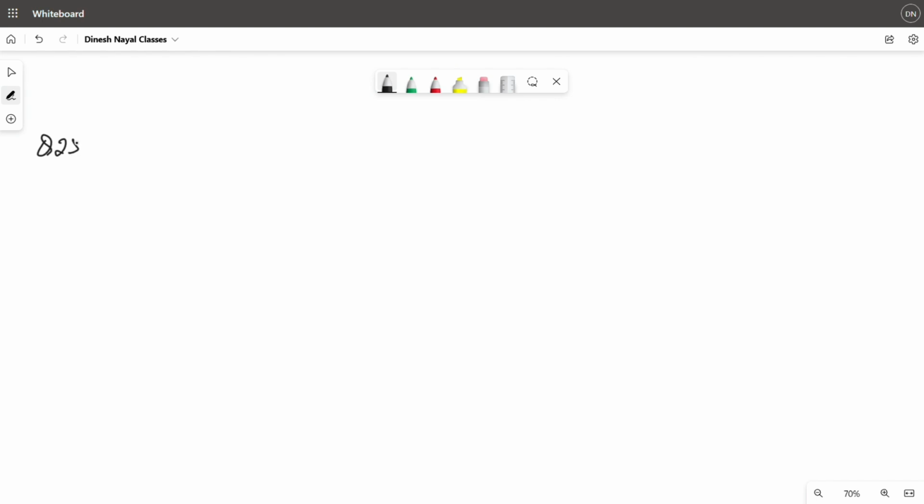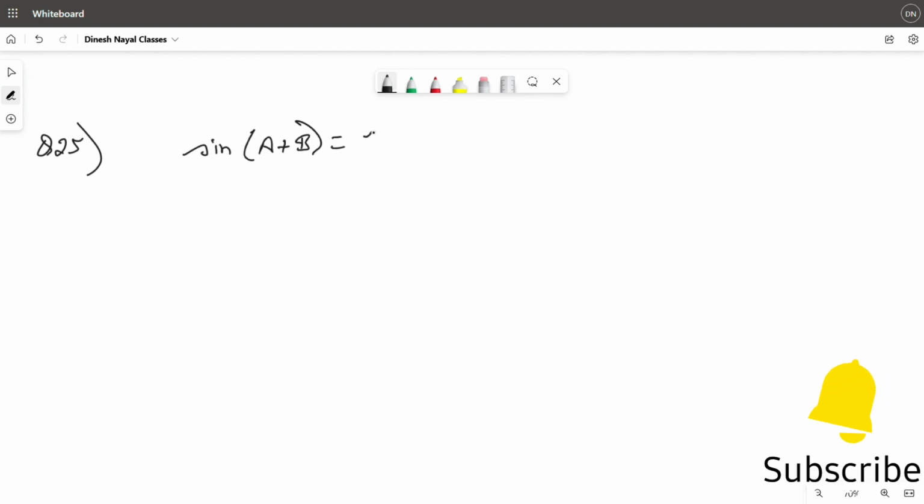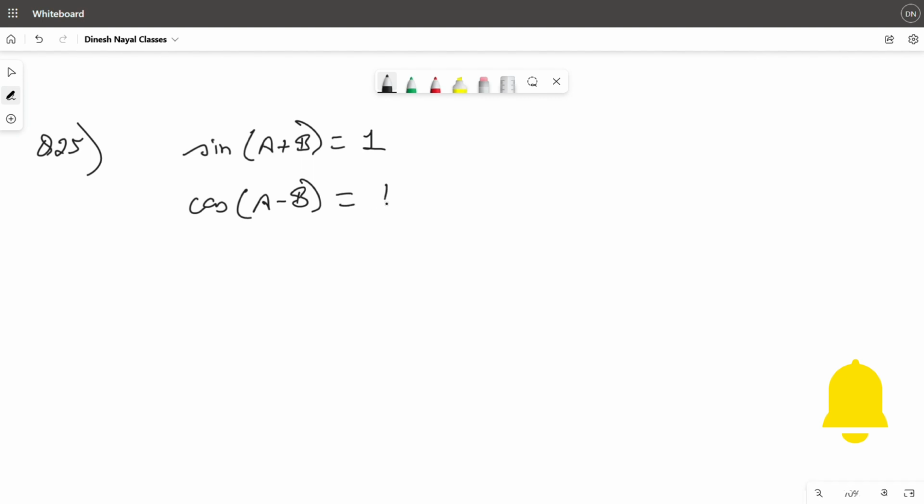It is given that sin(a plus b) equals 1, and cos(a minus b) equals root 3 by 2. And the condition given is that a plus b is less than or equal to 90. So this is the given condition.